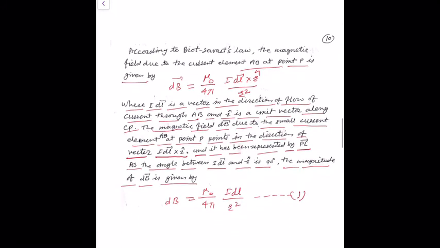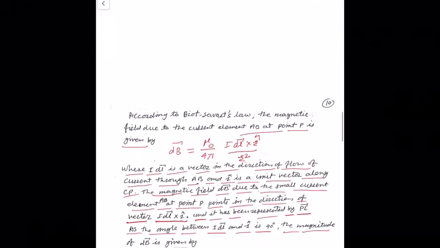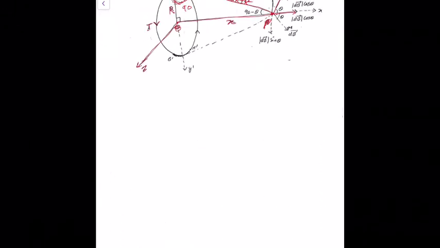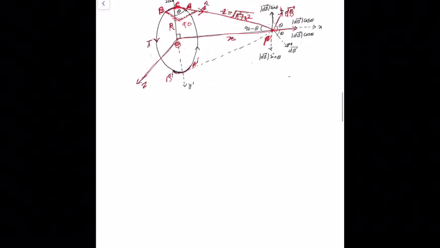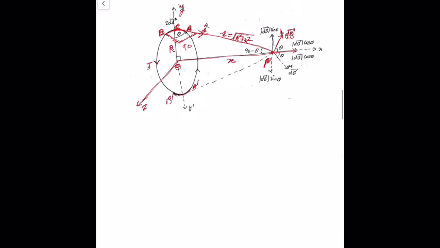It is equation first. Let us consider the small element a dash b dash equal to dl. Here in the diagram, element a dash b dash can be resolved into two mutually perpendicular components along PX and y dash.